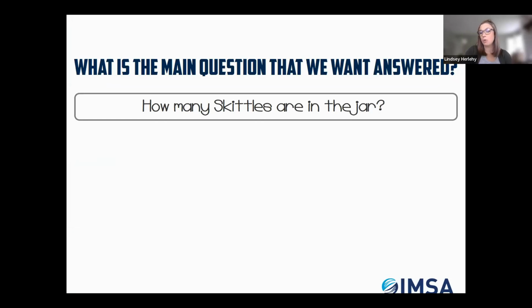If we have more time, we can try to answer some of those other questions that you felt were important, because we always want to acknowledge that. But for right now, we're going to answer the question, how many Skittles are in the jar? We're going to start off by making an estimate. Now, as an instructional, simple everyday math skill, estimates need to become more popular.